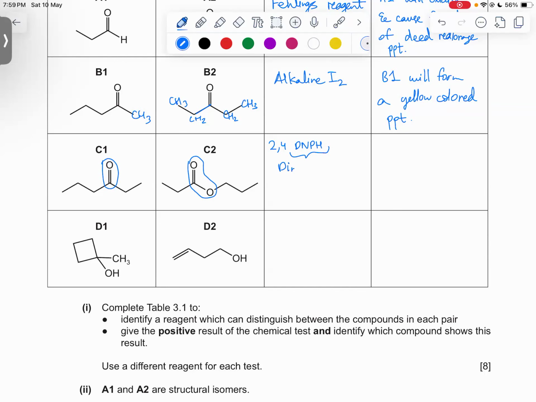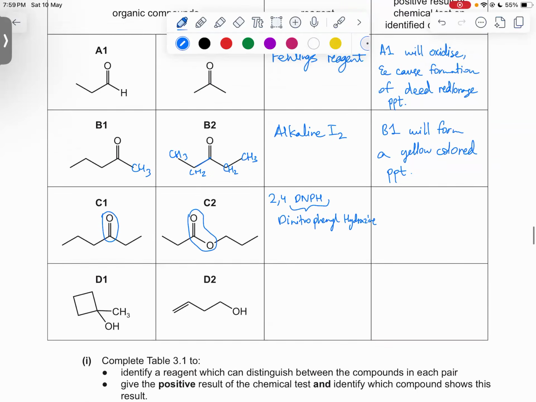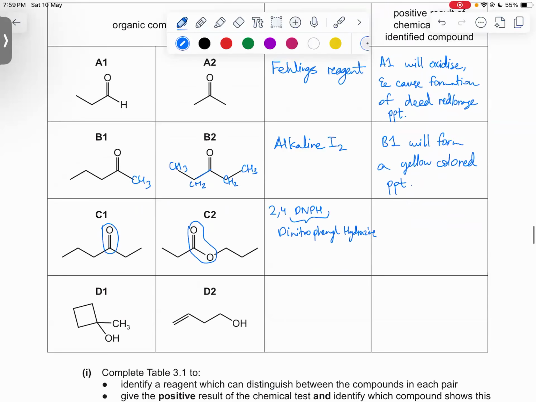You should remember the name: dinitrophenyl hydrazine. And what do we see? We see that C1 will produce deep orange or orange colored precipitates.